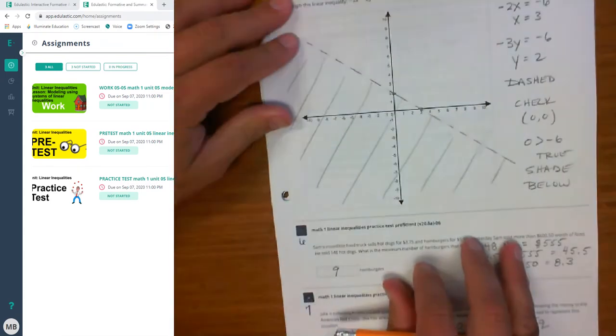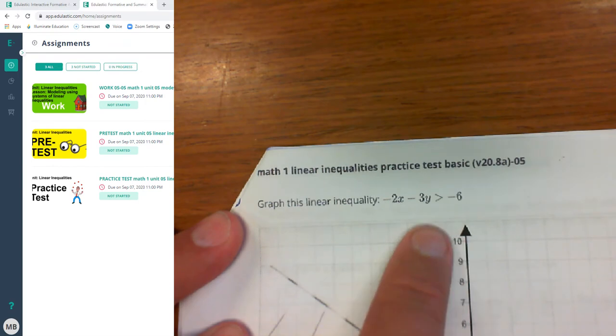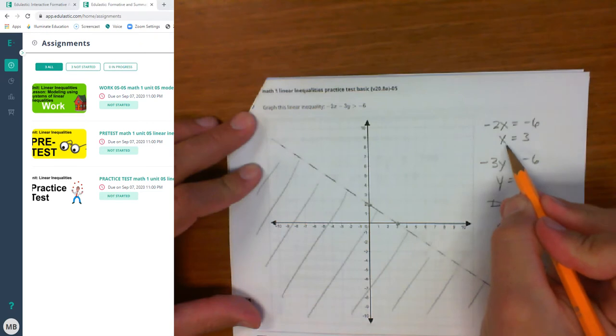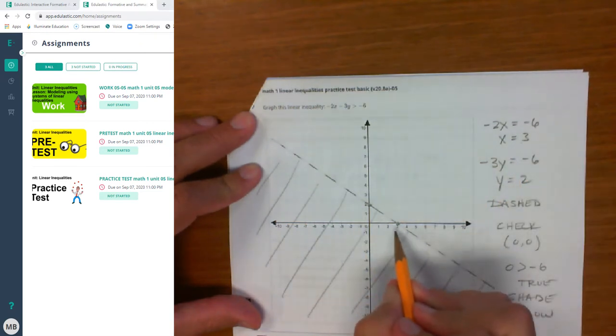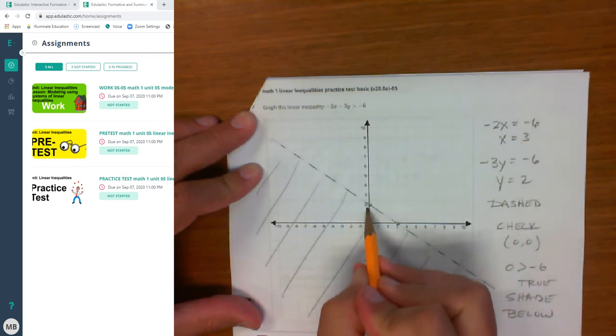All right, we're going to graph this inequality. I'll zoom in on it for you. So this is going to be a mini-me, so I'll break it into negative 2x equals negative 6 and negative 3y equals negative 6, pretending like it's an equation. So x equals 3, there's an intercept, boom. Y equals 2, there's the other intercept.